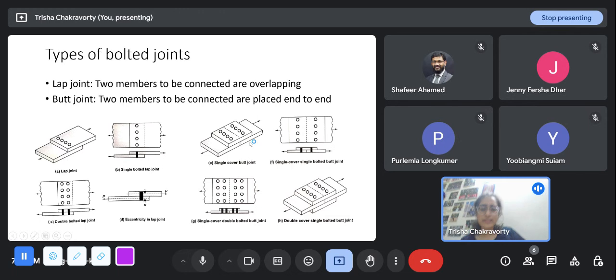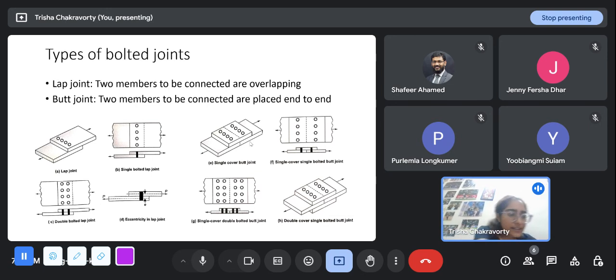And butt joint is different. The two members to be connected are placed end to end. Now, of course, two plates placed end to end can be welded, because you can put a metal in between and melt it. But for bolting two members placed end to end, you need an additional plate on top or on bottom or on both sides, so that you have something for the bolt to go in, right?